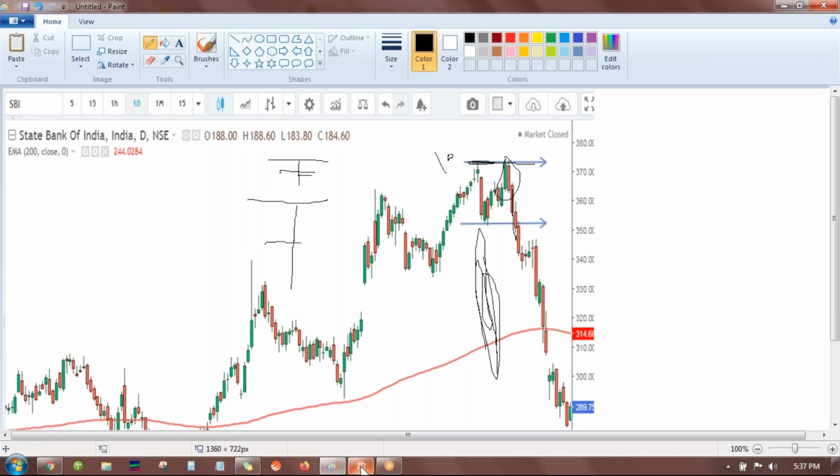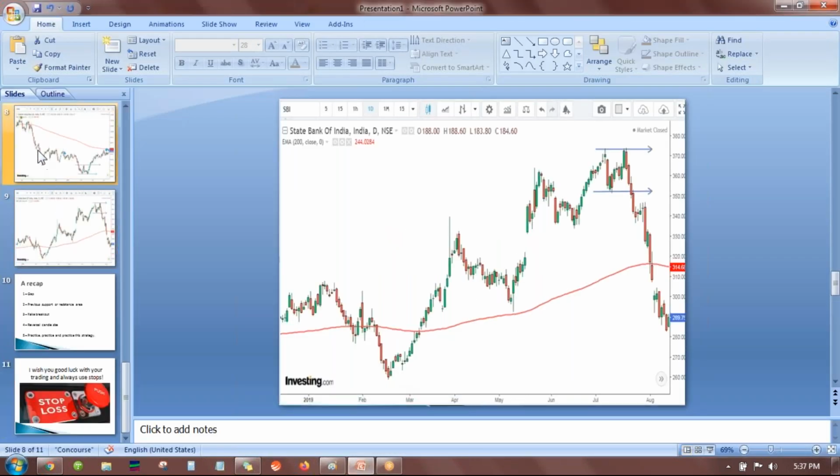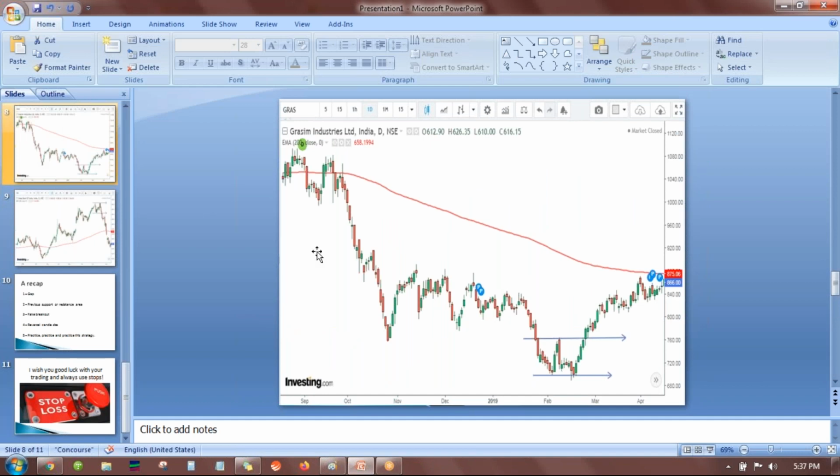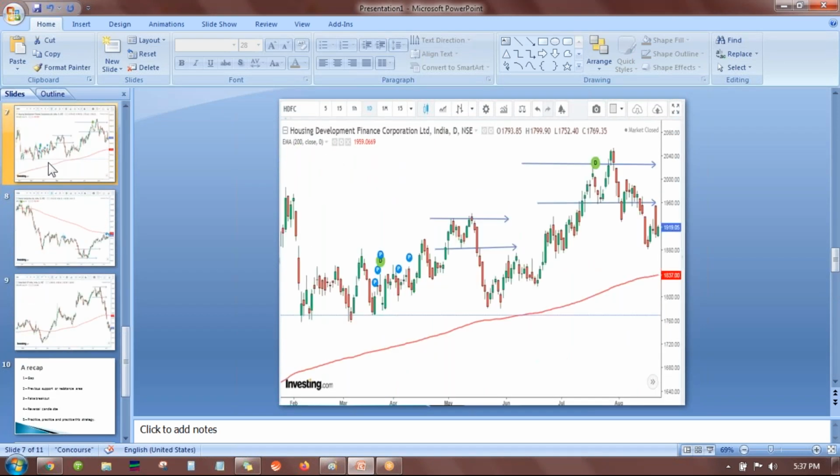For example, another chart. If the trade is not going as you have planned, exit it right there. Do not wait. Do not let your emotions come into the market.